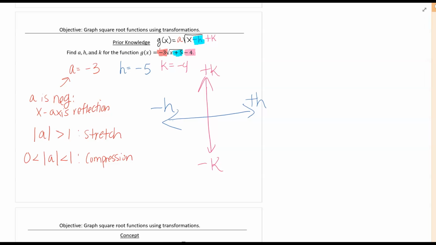The 3. It'd be a vertical stretch by a factor of 3. And then because it's negative, it's an x-axis reflection. And then we would go, h is negative, so we go left 5 units. And then down 4 units because it's negative. Okay?